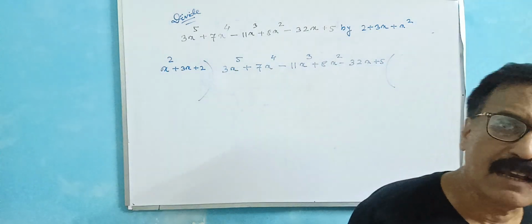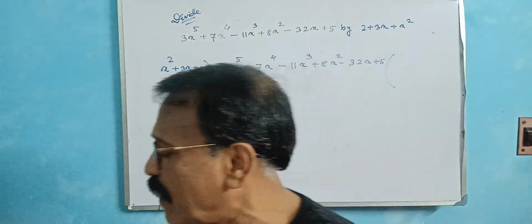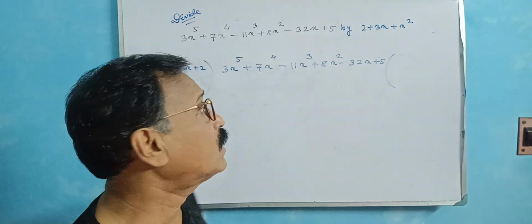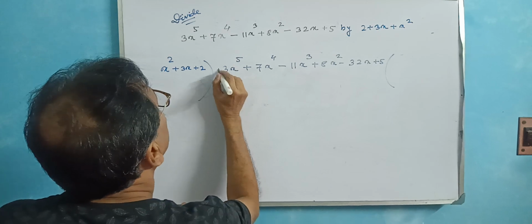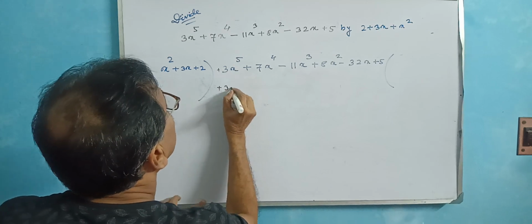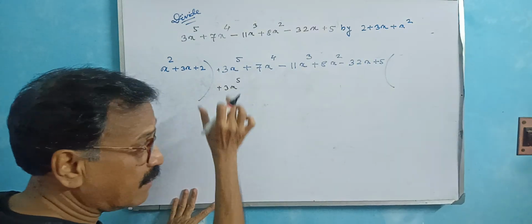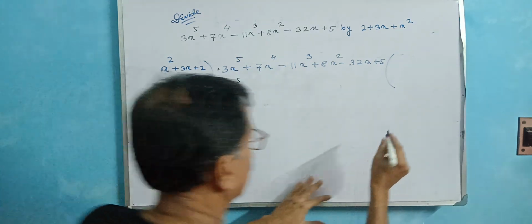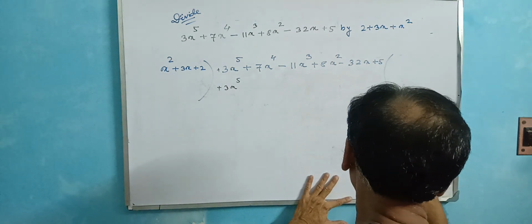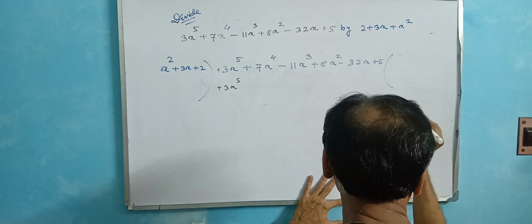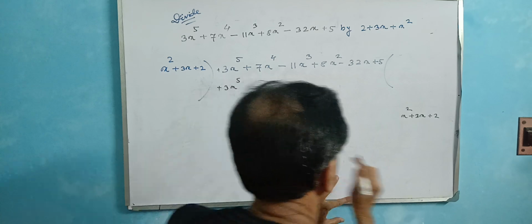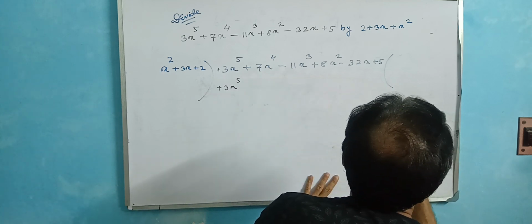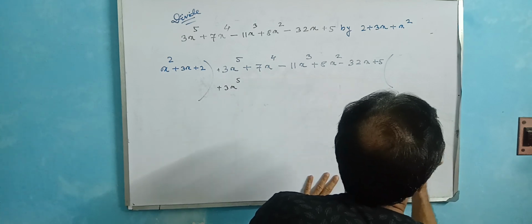Now same problem, follow same process. What is your target? Plus 3x to the power 5. Here this is plus, so here is this plus 3x to the power 5, this is your first target. So in which way you just multiply here x square plus 3x, no problem, very easy, plus 2. So target is plus 3x to the power 5, so this is plus 3x to the power 3.